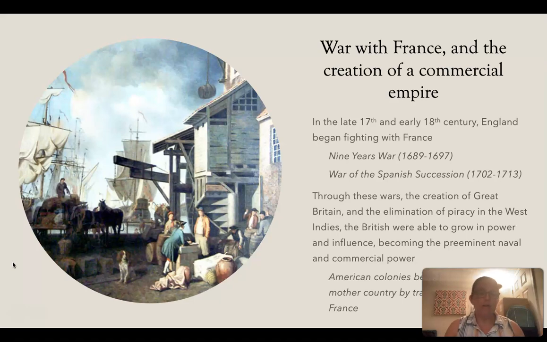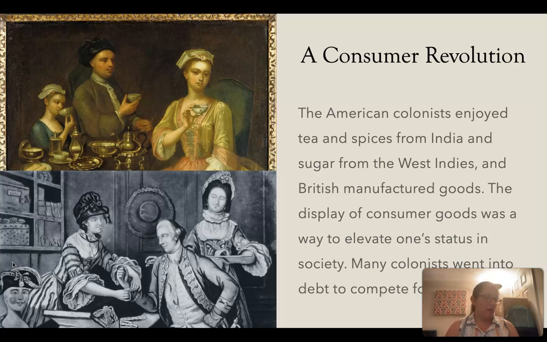While all of this is going on during the 18th century, the expanding transatlantic commerce produces a consumer revolution. People in the colonies enjoyed much cheaper and much more diverse goods than they ever had before, a greater abundance of goods, and more common people could become consumers.